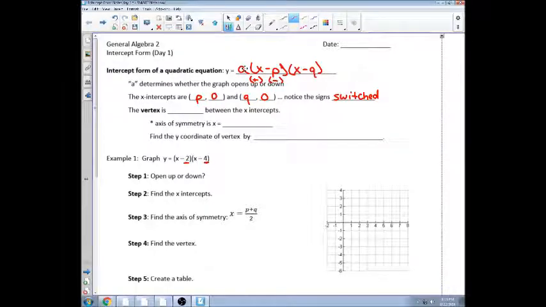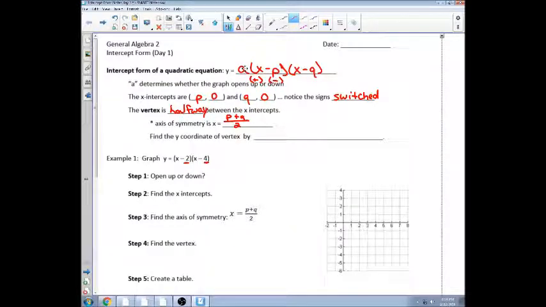like we always have. The vertex is halfway between the two x-intercepts. So the axis of symmetry is going to be the average of the two. It would be p plus q over 2. All right?